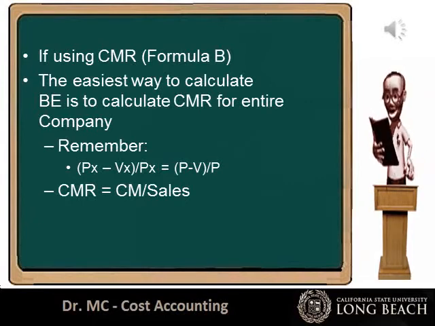Remember that if you take a firm's total revenues, which are Px, and subtract its total variable costs, which are Vx, and then divide by Px, you get the firm's contribution margin ratio. When the revenue and variable costs reflect the firm's total product range, then the contribution margin ratio also reflects all of the firm's products. So, you can get a contribution margin ratio that reflects all of a firm's products by dividing its contribution margin by its sales revenue.